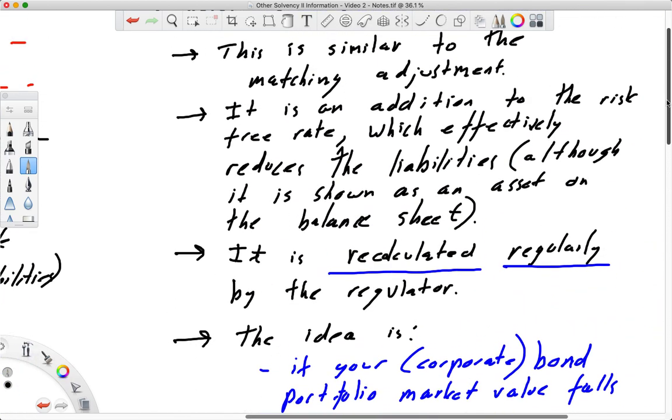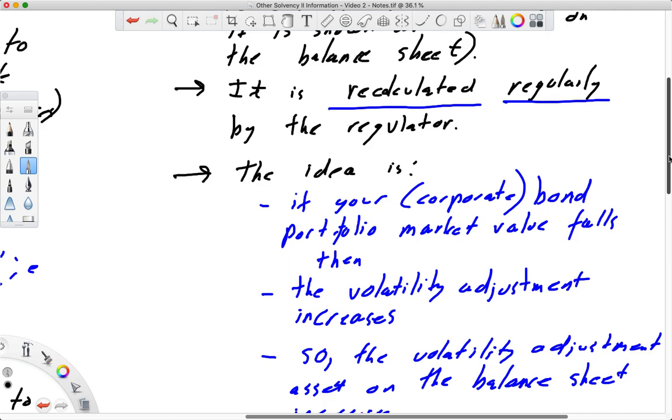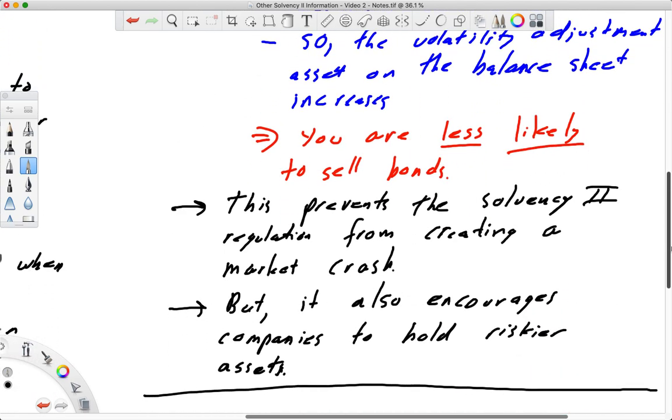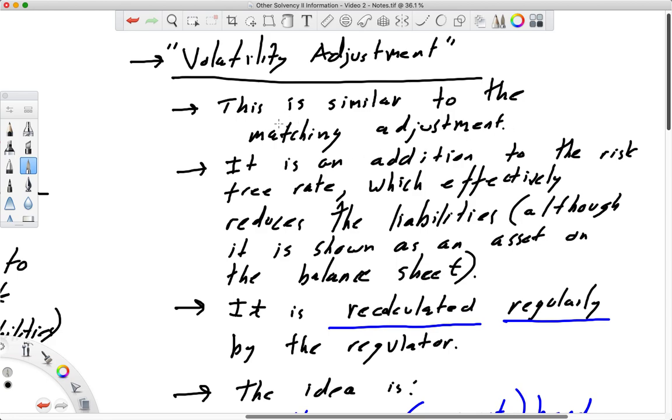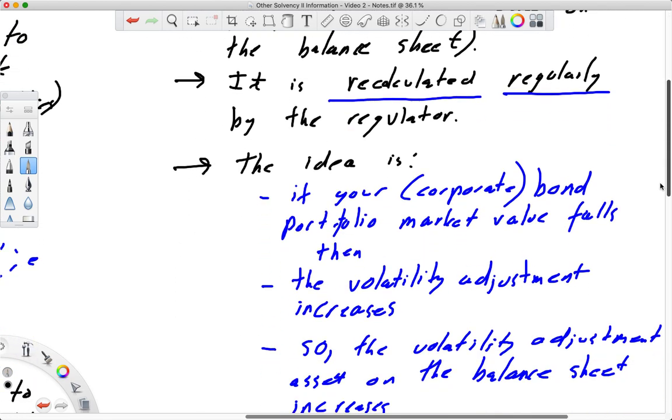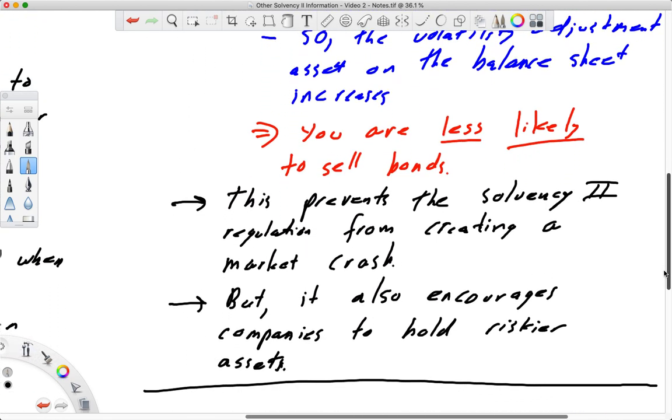Now, I think from memory, if you're using the matching adjustment, you aren't allowed to use the volatility adjustment. I think that's right. I might be wrong. But if you're not using the matching adjustment, then definitely this volatility adjustment can apply.